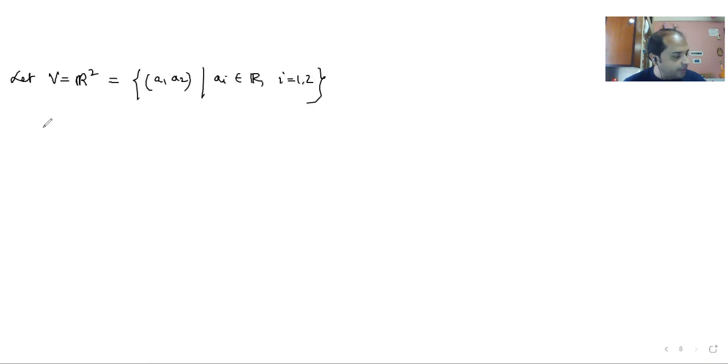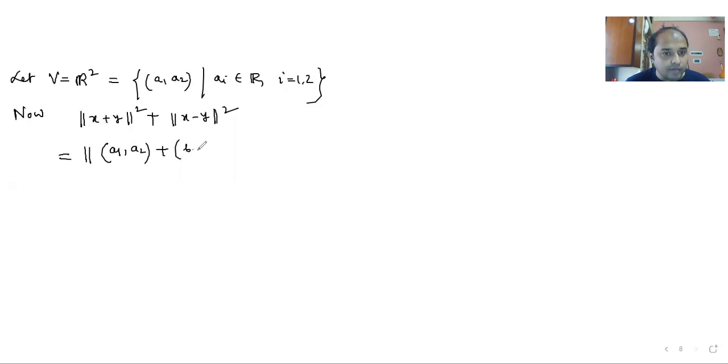Okay, now if I apply the result which I proved right now, norm of x plus y squared and norm of x minus y squared will be norm of (a1, a2) plus (b1, b2) squared, and this will be (a1, a2) minus (b1, b2) squared.